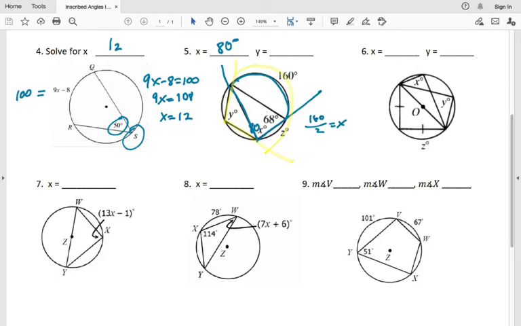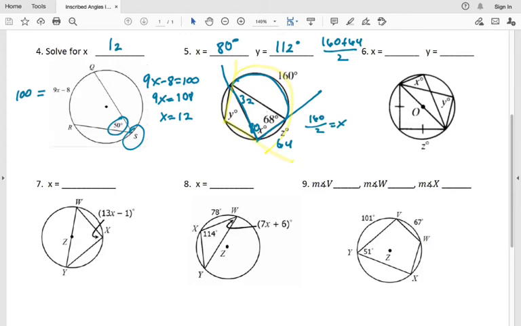So this angle has to be 32. And then that's an inscribed angle. It should be half as big as z. So z will have to be 64. And then to get angle y, it's going to be 160 plus that 64 divided by 2. And so I end up getting 112 when I do that.